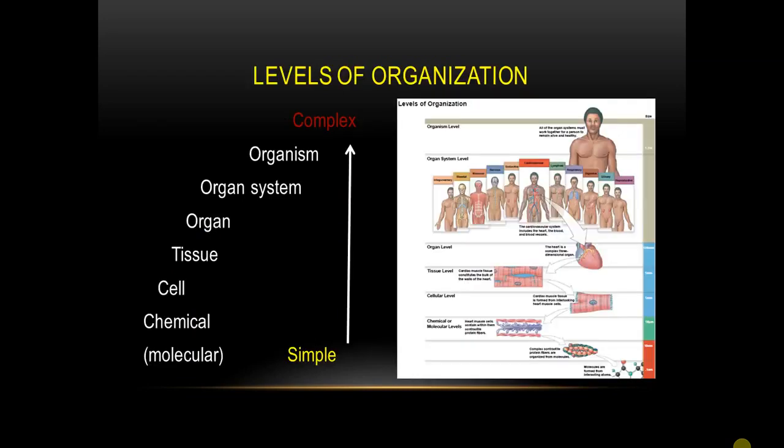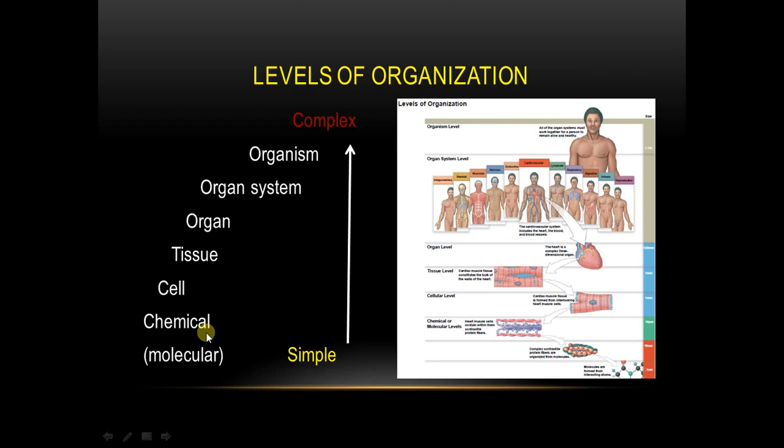Now before going into some basics of anatomy, let us try to understand how our human body is made up. Here it has been clearly demarcated that we start from the molecular level. If we start from simple molecules, these molecules are again made of certain atoms, and these molecules form certain chemical compounds, or again we can call them molecules, such as protein molecules, fat molecules, carbohydrate molecules, minerals and vitamins.